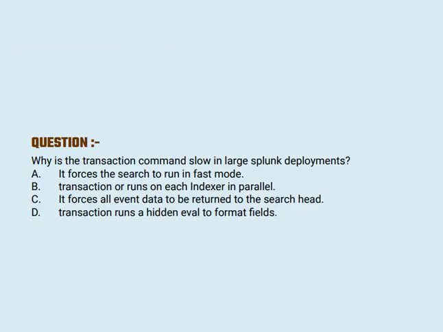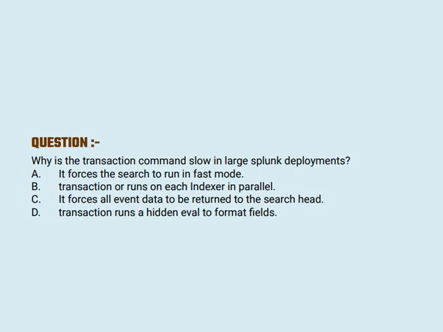Next question is: why is the transaction command slow in large Splunk deployments? Option A, it forces the search to run in fast mode. Option B, transaction runs on each indexer in parallel.